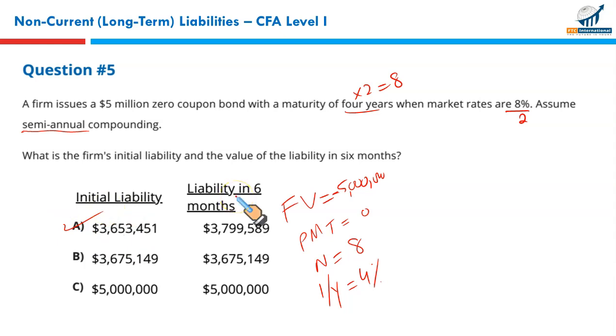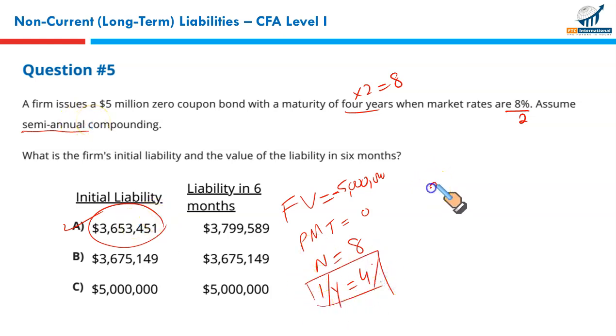How do we calculate liability after? This is the original value at which we have booked our liability, right? That's the book value. What will be the value of this liability after 6 months? Remember, our effective interest rate we'll be using is 4% because being compounded semi-annually.